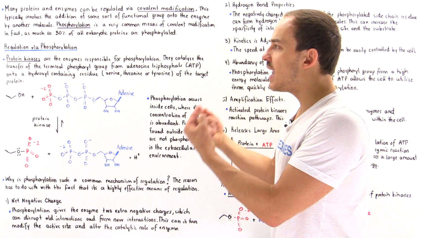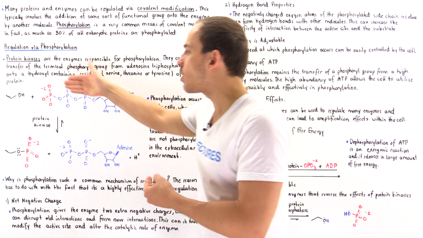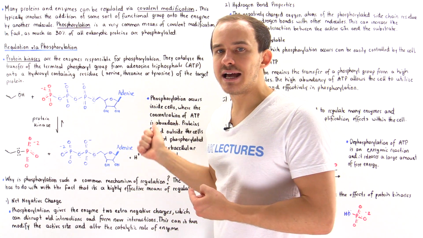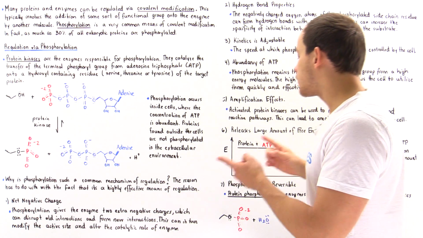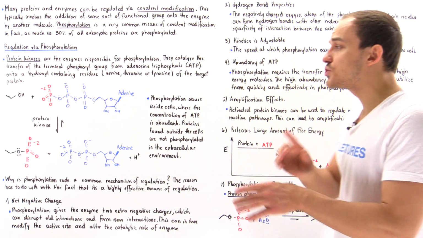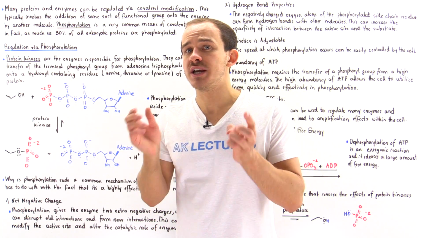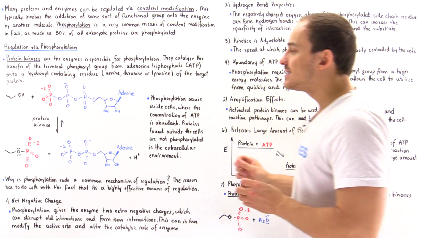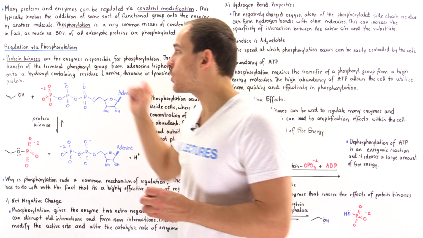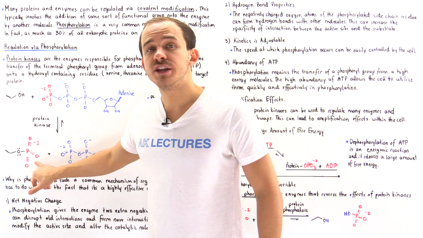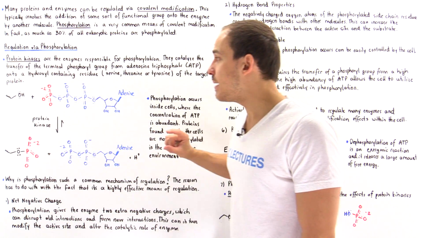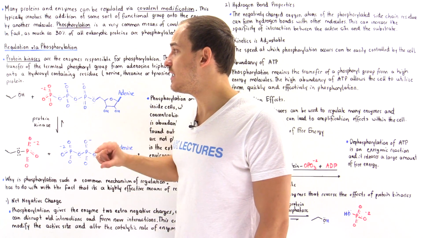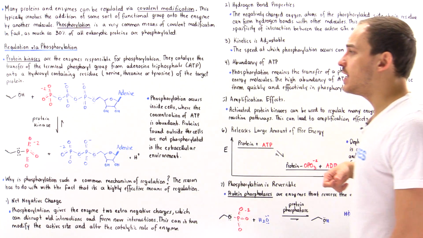Protein kinases are responsible for phosphorylating that enzyme or the protein, but the protein phosphatases use a completely different reaction mechanism, a completely different reaction pathway to reverse the effects of the protein kinase and remove this phosphoryl group. And that can either activate or deactivate the activity of that enzyme.